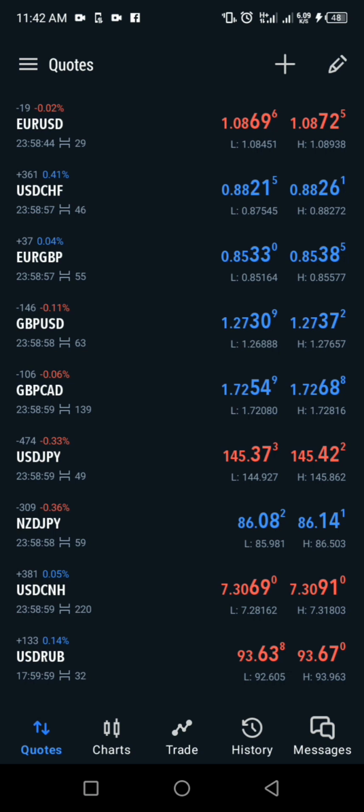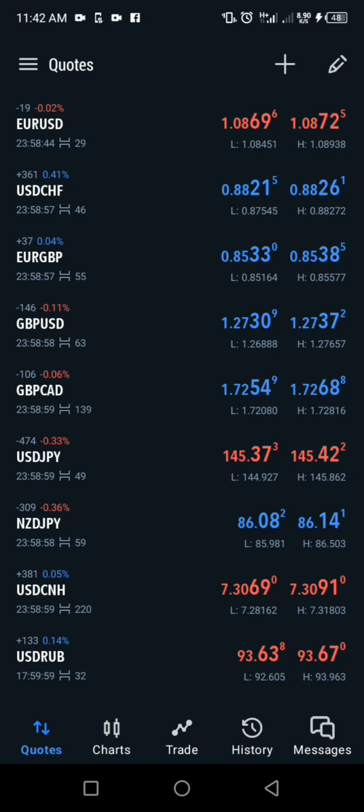For USD CHF, USD is the base currency, CHF is the quote currency. That CHF is Swiss francs. That is the currency pair. So what you should always know is that the base currency is always stronger than the quote currency. That is why it is always put like that.